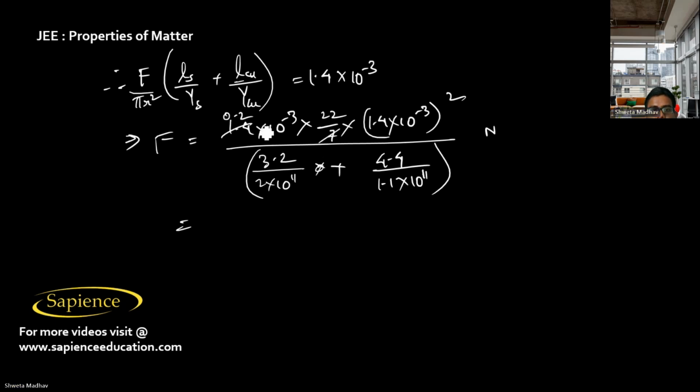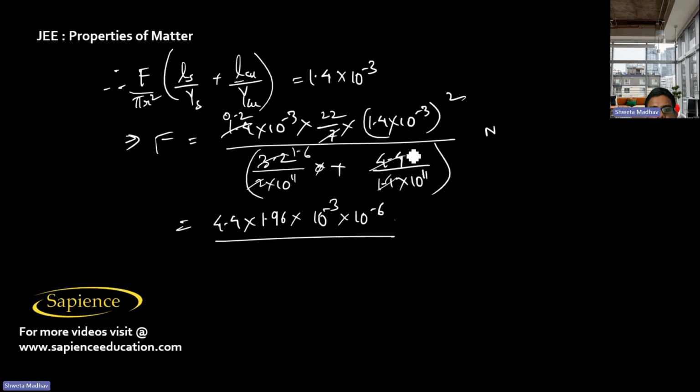Which is 7 twos are 14, and 2 into 22, that is 4.4 into 1.4 whole square, which is 1.96 into 10 power minus 3 into 10 power minus 6 divided by, this will be 1.6 plus 4 divided by 10 power 11, and that 10 power 11 will go up.